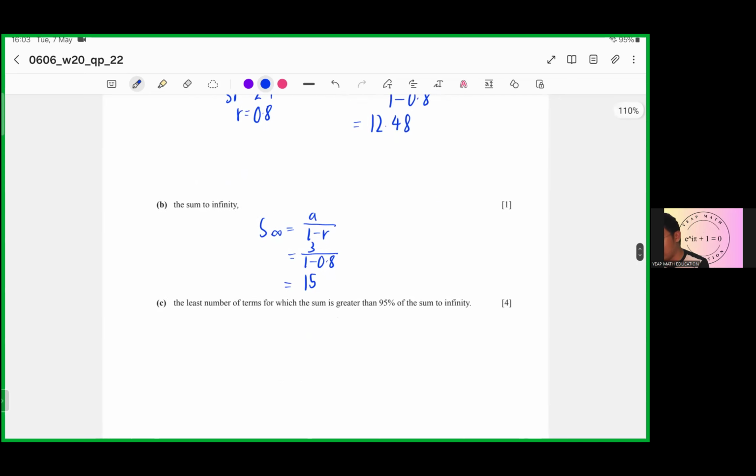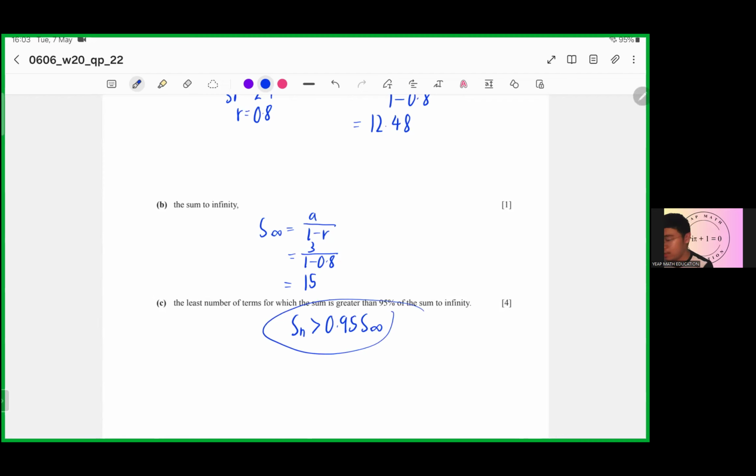Now we see the next question. The least number of terms for which the sum is greater than 95% of the sum to infinity. It means the sum is more than 0.95 of the sum to infinity. So we look at at least how many terms are greater than that.